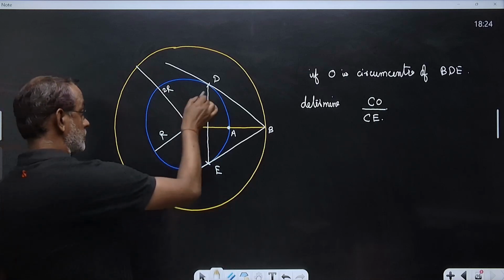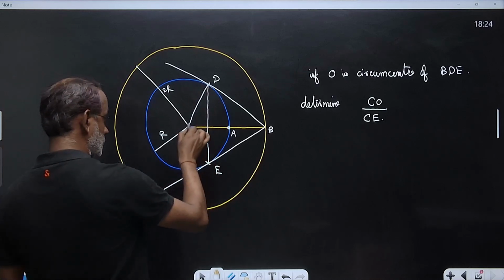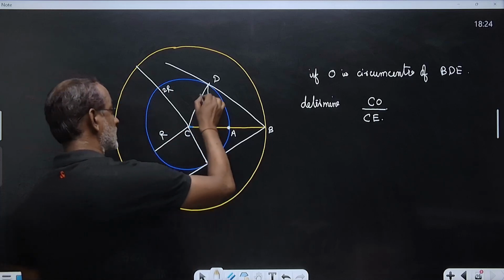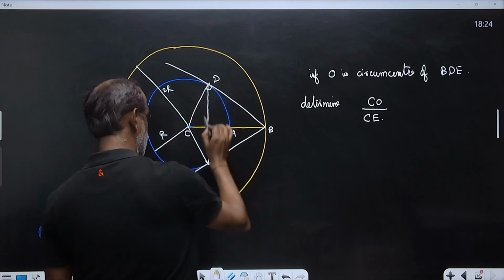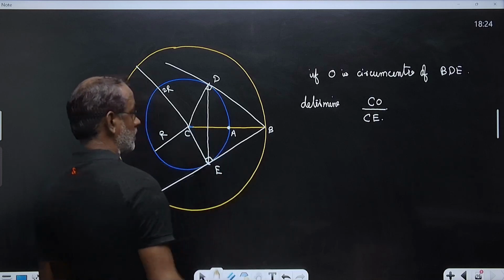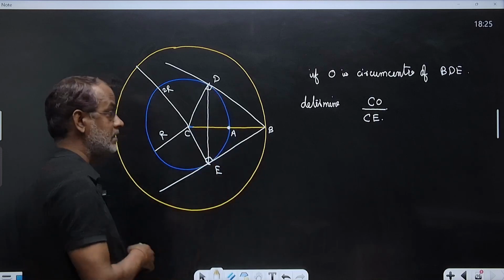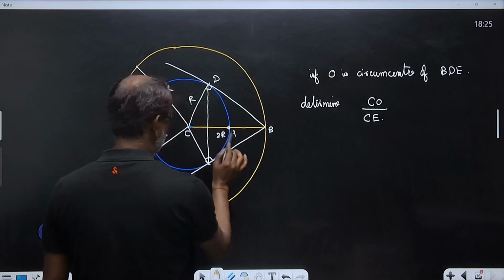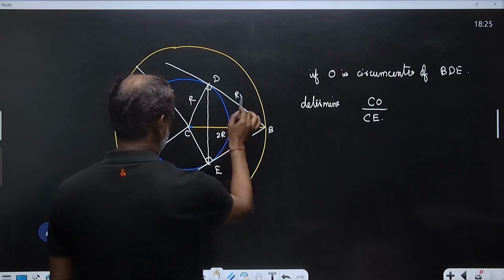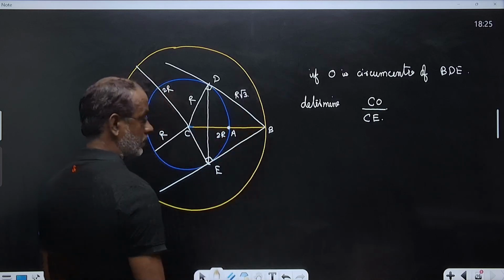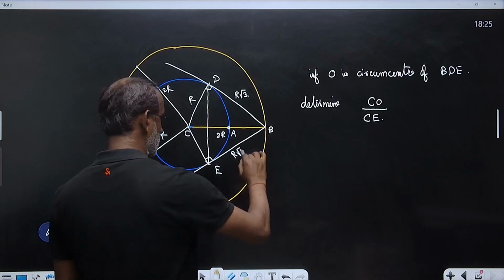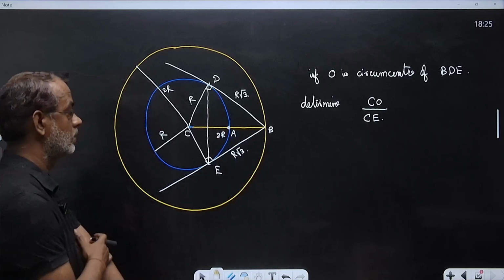Now you can very easily see the length of these tangents. If this is r, BC is 2r. This is r root 3. This is also r root 3.